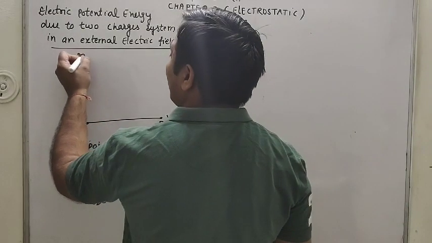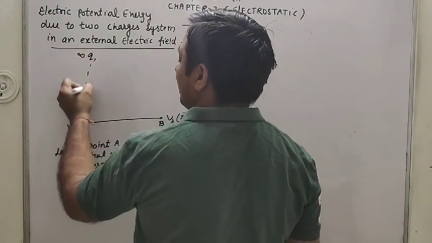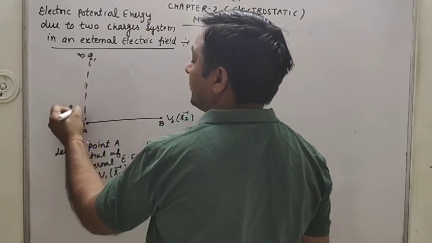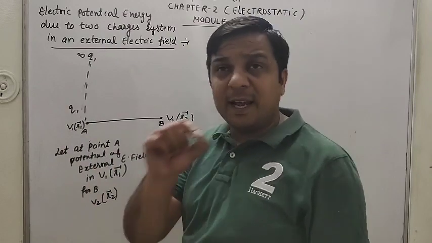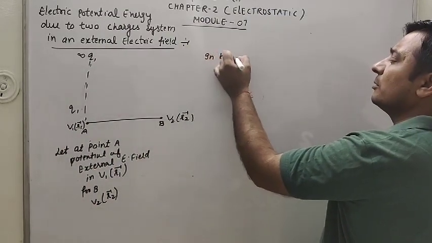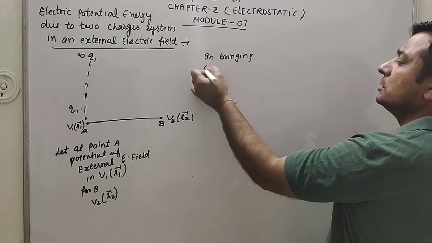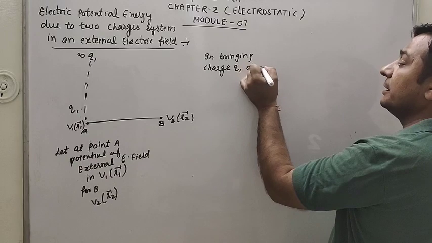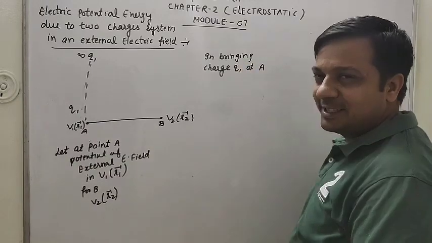When we bring charge q1 from infinity to location A, do you know whether work is done or not?